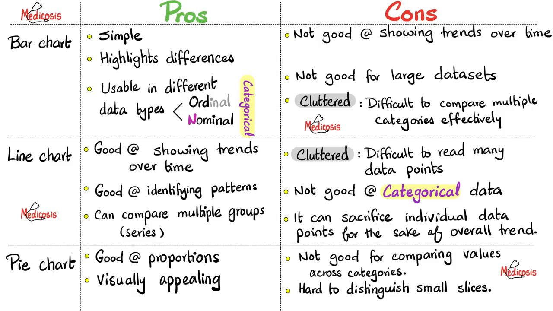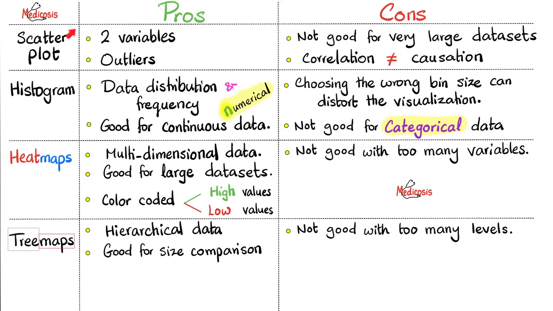So let's summarize. Bar charts are simple and they are used for categorical data. Line charts will show us trends over time. They are good for numerical data, not so good for categorical data. If you want to see proportions, use pie charts, but they are too simplistic and sometimes misleading. The scatter plot will show you an independent variable and a dependent variable.